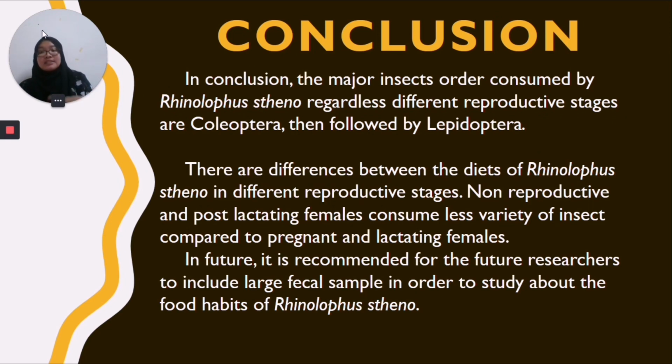Okay, and the lactating females have to give energy, the milk, to the young, so they need a lot of energy, so they are opportunistic feeders where they feed on a lot of variety of insect orders.